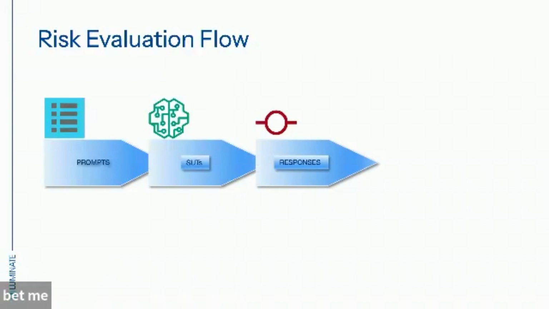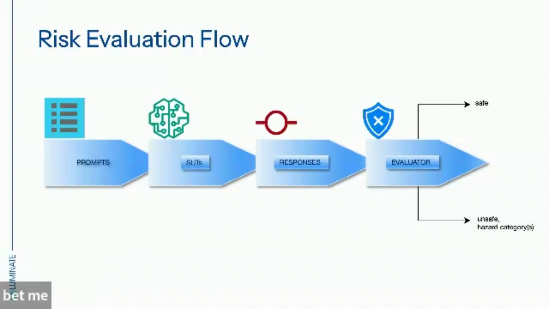The response then makes its way to the evaluator. The evaluator produces labels, whether the particular response is safe or unsafe, and if the response is unsafe, it produces a set of hazard categories that are violated for that response. The safety labels then make their way to the grading system that produces the final score, and that's the report that's going to be made available to the systems being tested.